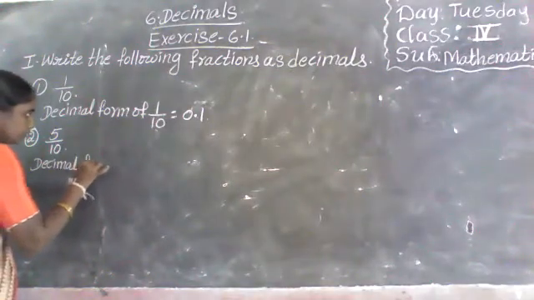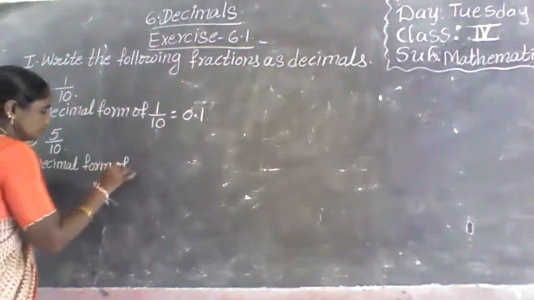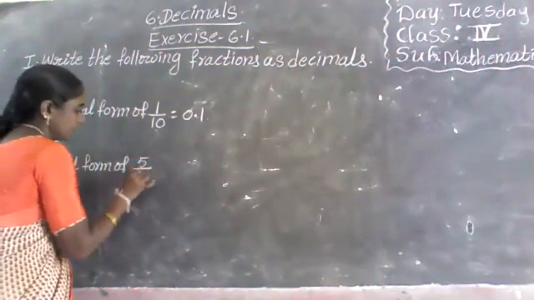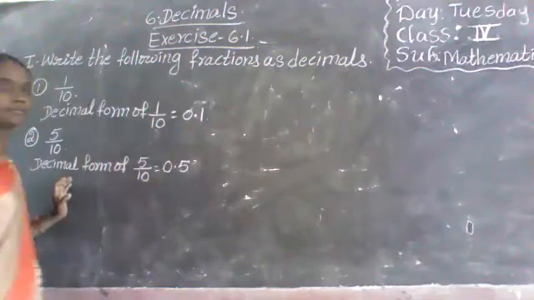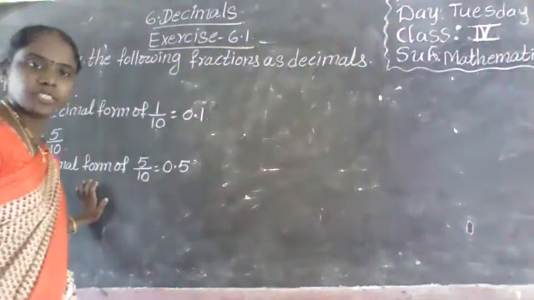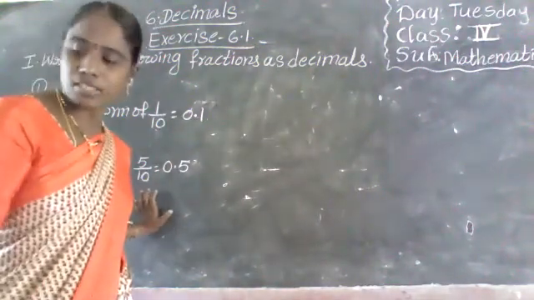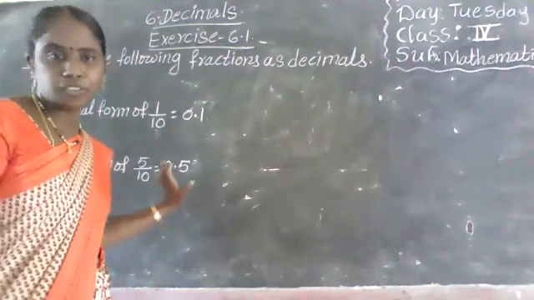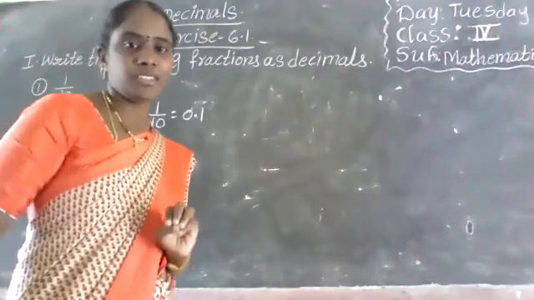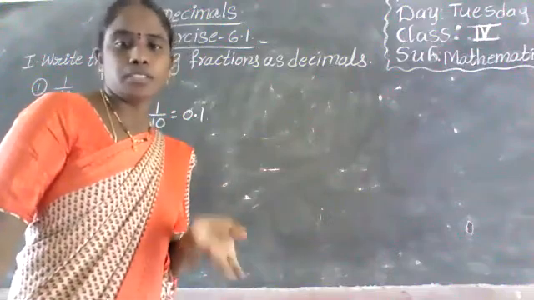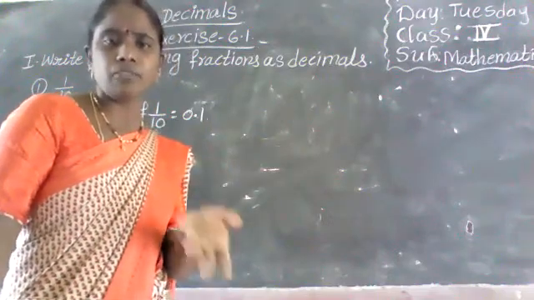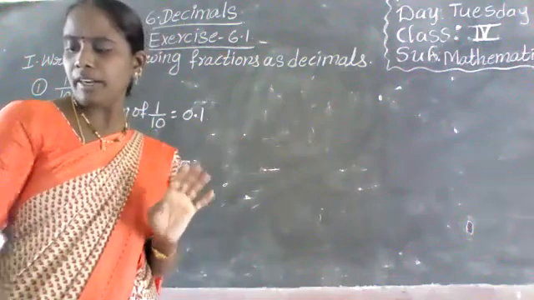Decimal form of 5/10 is 0.5. Okay children, did you understand? First bit. Third one, fourth one, fifth one, homework for you. Try on your own. Just write them in decimal form, decimal form only.